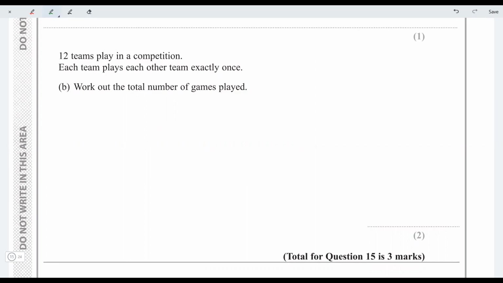So I'm going to say 12 times 11 because the 12th team can't play by itself, can it? So 12 can play by 11 because there's 11 different people they can play with because they can't play with themselves. That's 132 as the number of games.